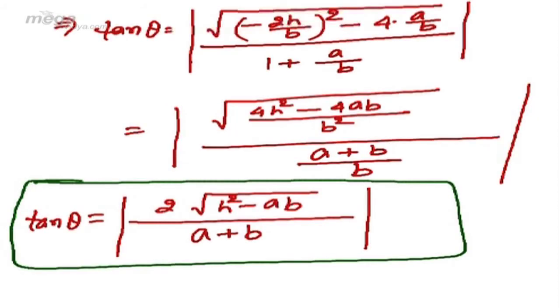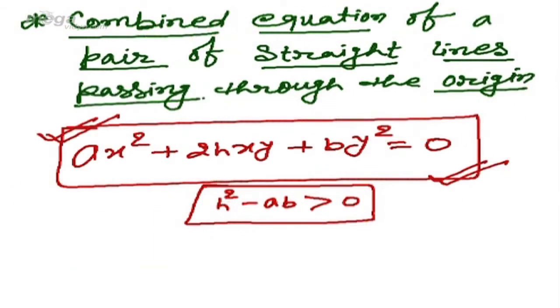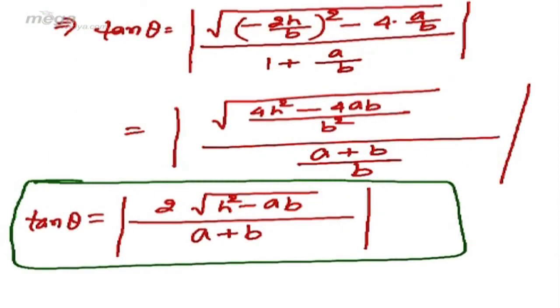Now students, you can see this theta, when will it be real, when will it exist? Your answer will be when h square minus ab is greater than 0. This is the main reason why we wrote h square minus ab greater than 0. From here, if you get tan theta is equal to this, if h square minus ab is greater than 0, then you will get some value of theta.